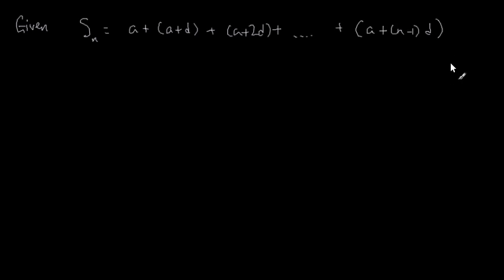That should do, I think. So we need to prove that Sn is given by this formula, n over 2 times (2a plus (n minus 1)d). I want to prove this.